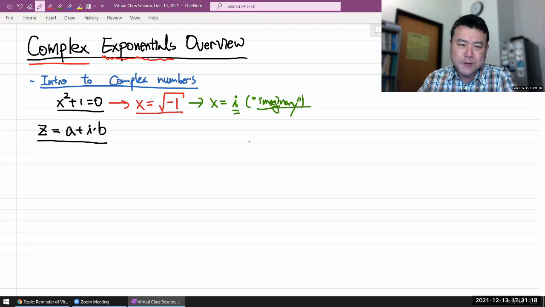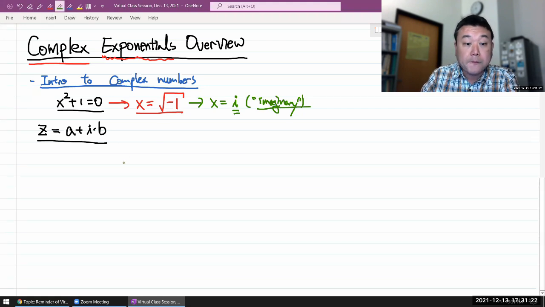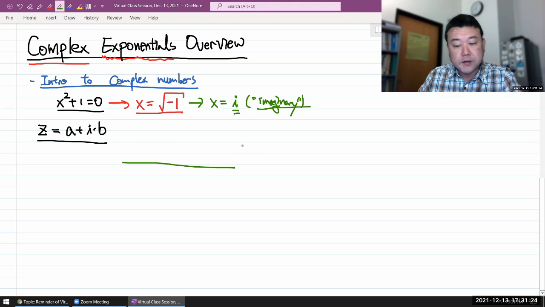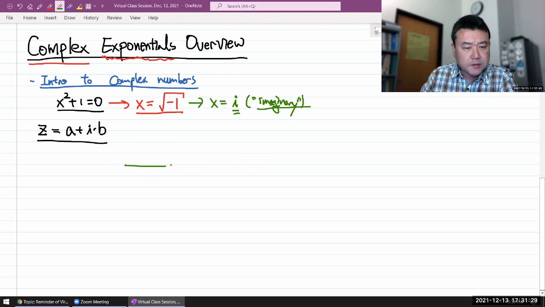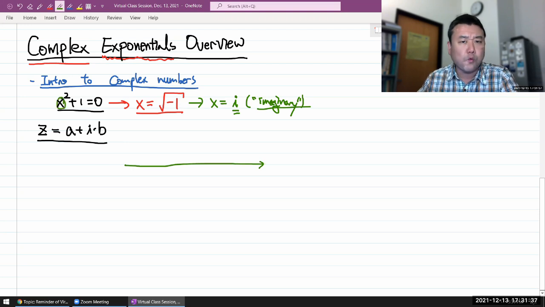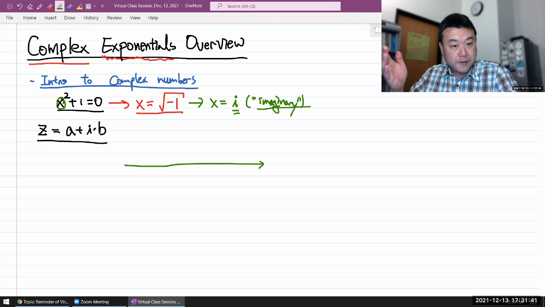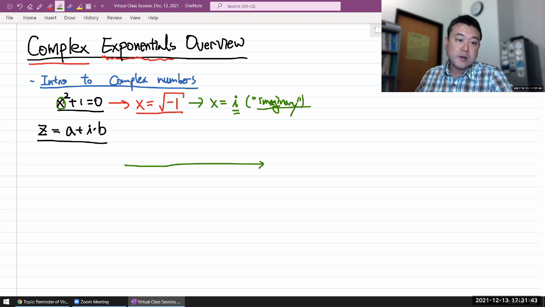I think from my perspective, it's more natural to introduce the complex plane next. Because here's the interesting thing about complex numbers. We are used to numbers having one degree of freedom, as in you pick a number, and that choice of a number completely determines the number.